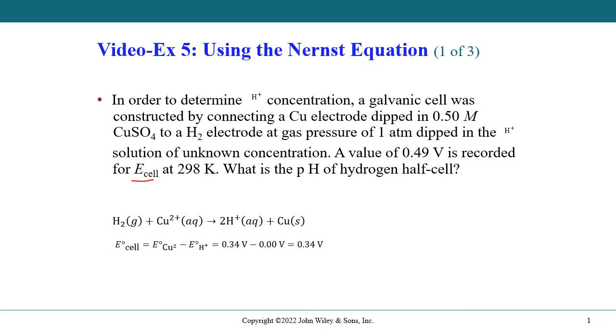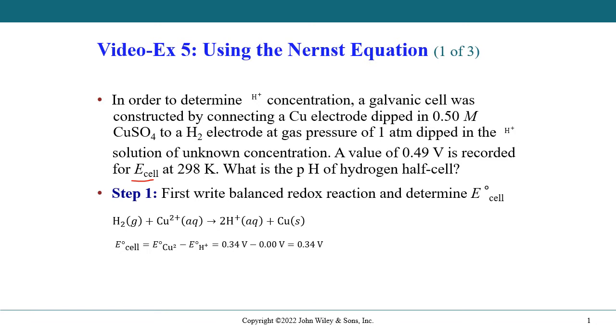Okay, so the first thing that we need to do is to write the balanced redox equation and determine the E cell standard, the standard reduction potential. So roughly the reaction is this one, where we have hydrogen going to hydrogen ions and then copper ions going to copper solid.